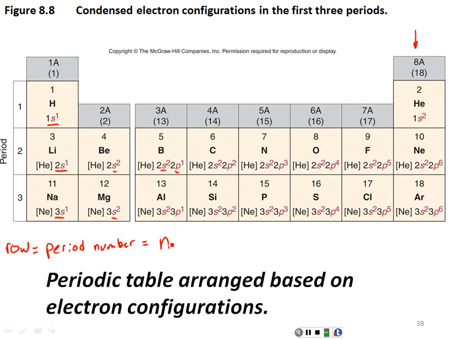So the first row, you all have a principal quantum number of 1. Second row, principal quantum number is now 2, and so forth. So this periodic table is really arranged based on electron configurations.